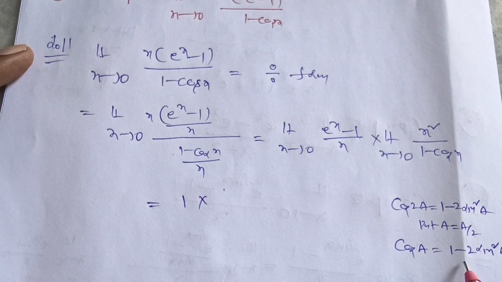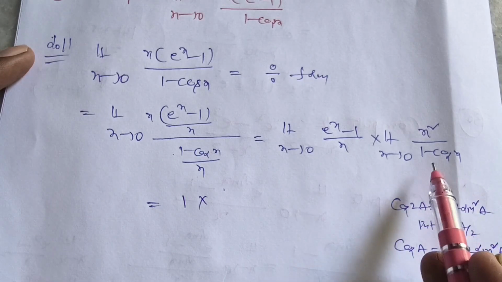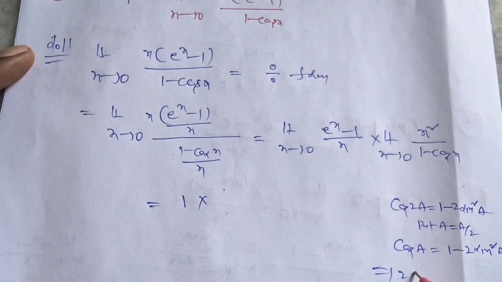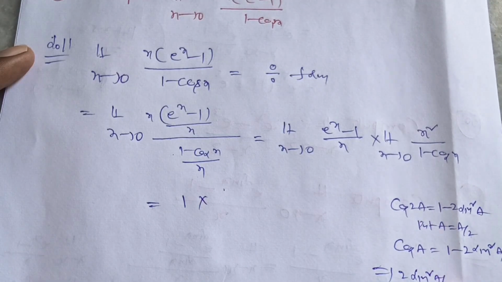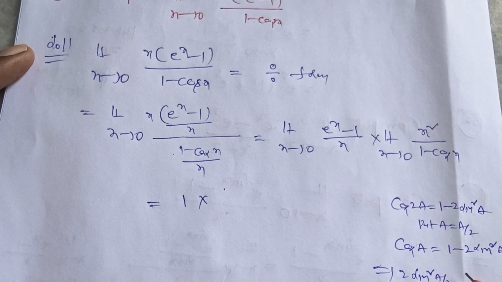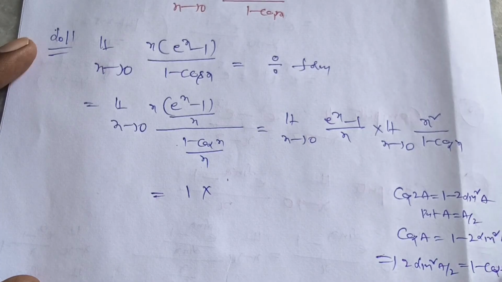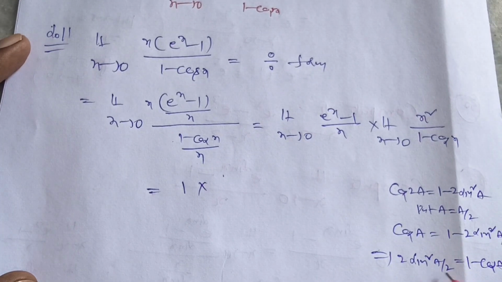Okay. So from this, 2 sin square (a by 2) is equal to 1 minus cos a.